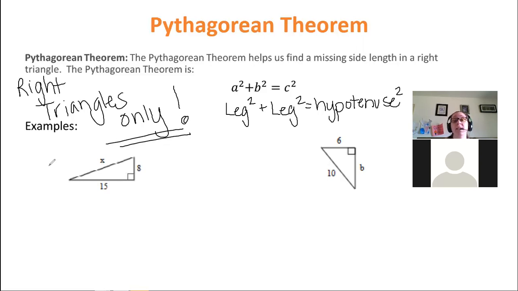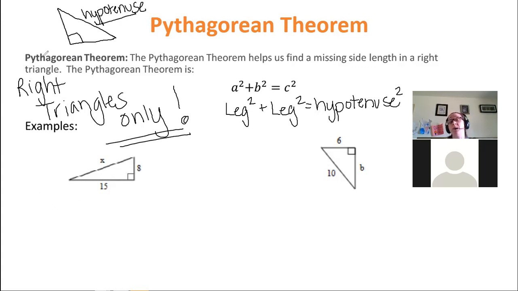So in this first example, we were missing the hypotenuse. And I'm going to tell you that is kind of a big deal. Okay, so if you have your triangle, if you take away anything from the lesson today, I want it to be that the hypotenuse is not a hippopotamus, but it's the side opposite that 90-degree angle.